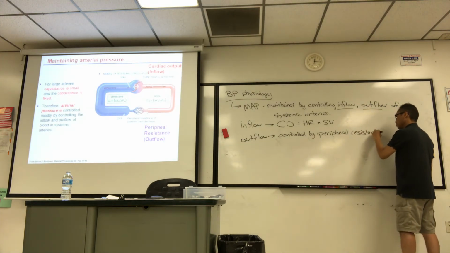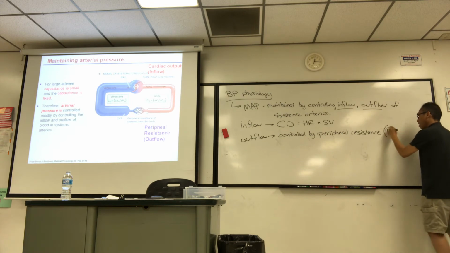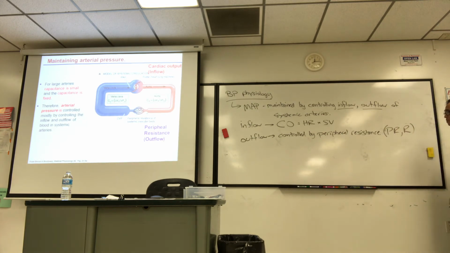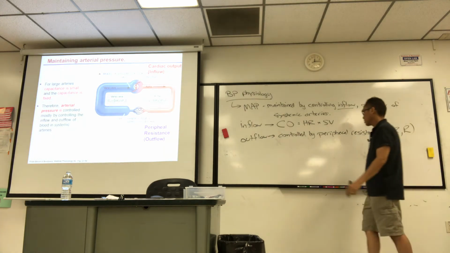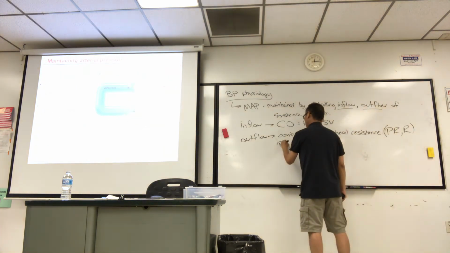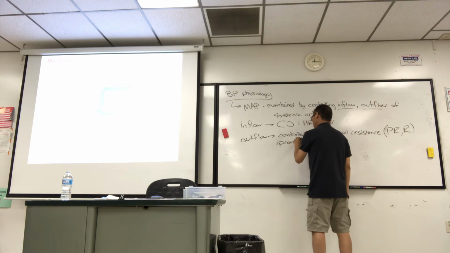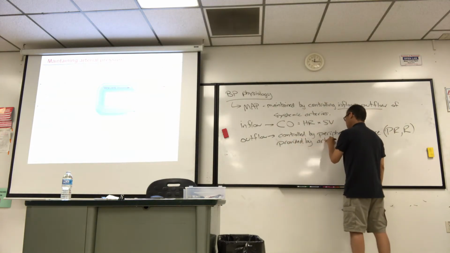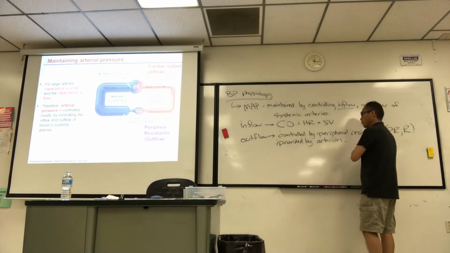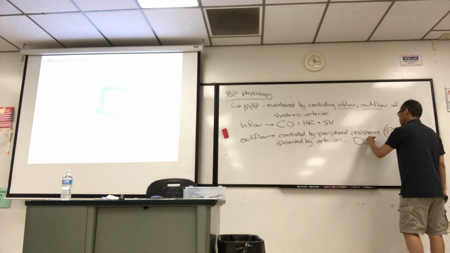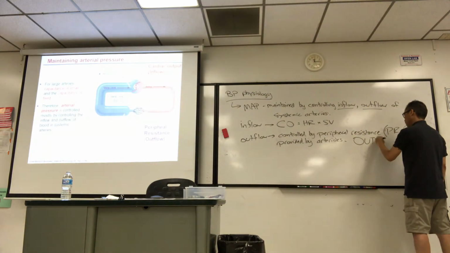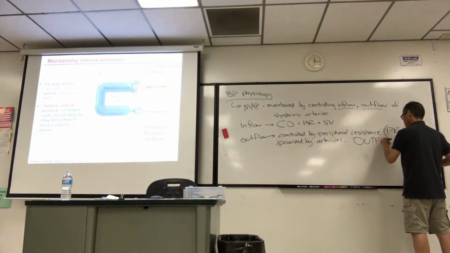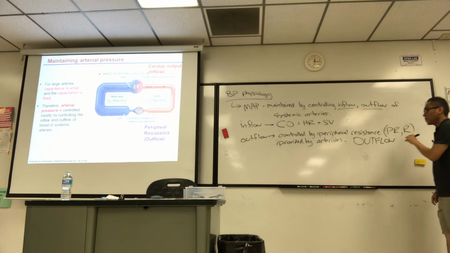And in this lecture, I usually use a PR or an R to symbolize resistance, controlled by the peripheral resistance provided by arterioles. That's the outflow. Okay, we call that outflow. So let me see if you're with me here.